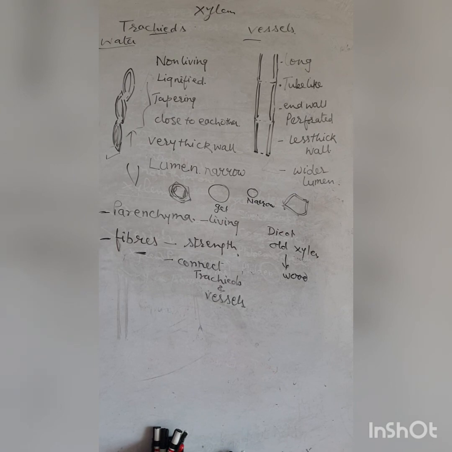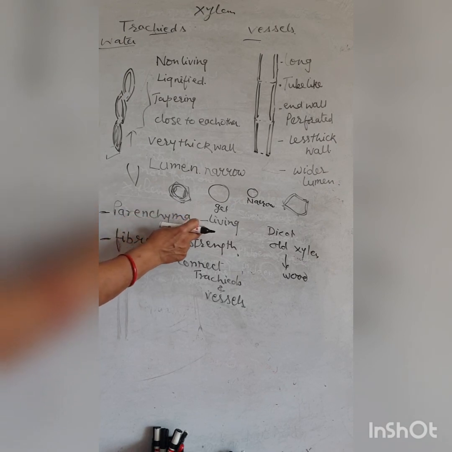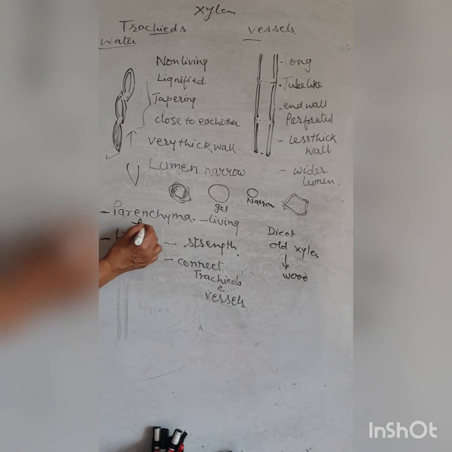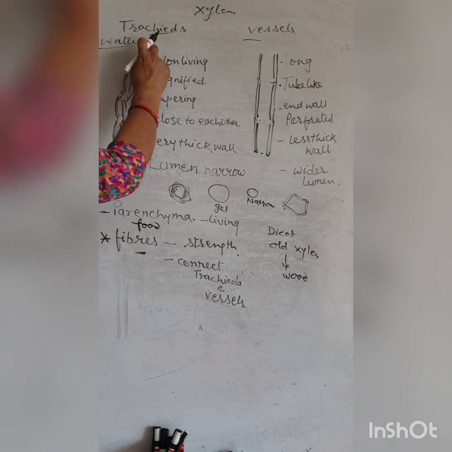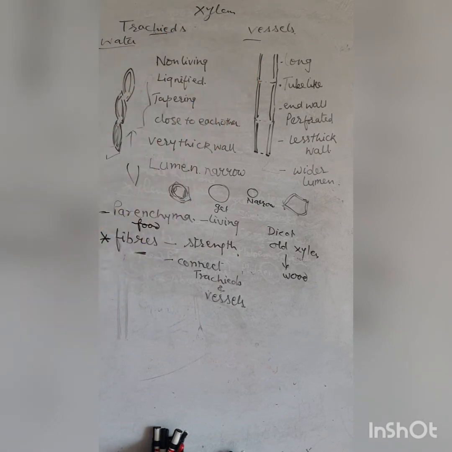The xylem parenchyma are living cells. They help in conduction, but their main function is storage of food. The xylem fibers provide strength to the plant. They connect tracheids with the vessels.